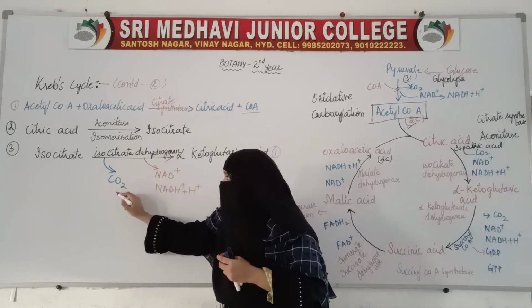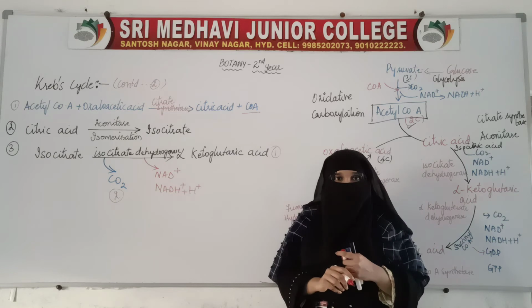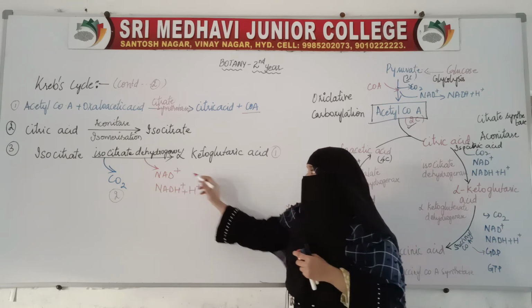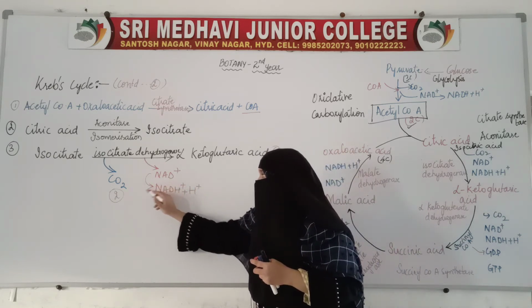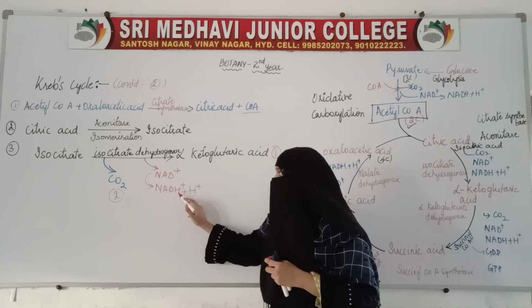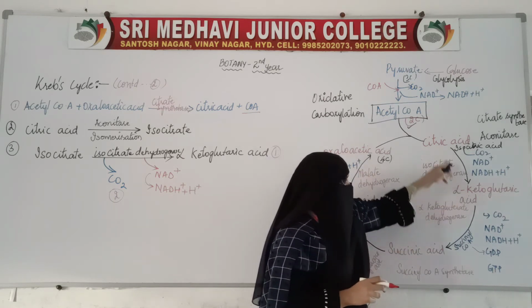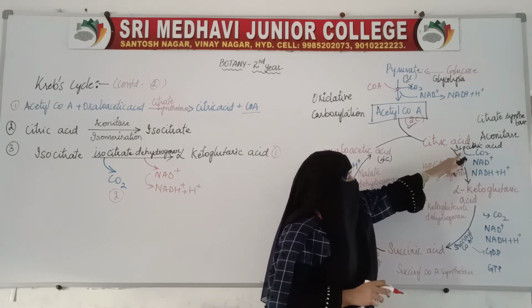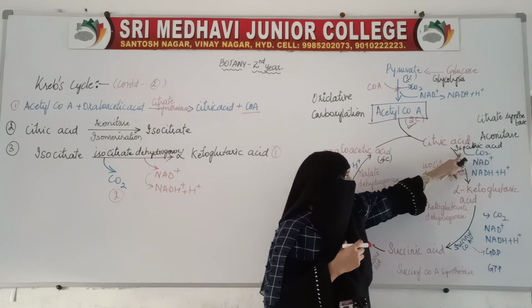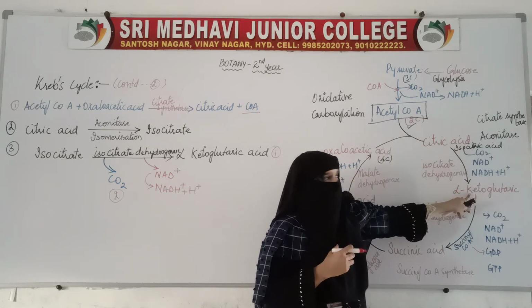One, during this a molecule of carbon dioxide has been released, and the third thing, here NAD has been reduced to NADH plus H plus. So here this isocitrate or isocitric acid has changed to alpha ketoglutarate acid.